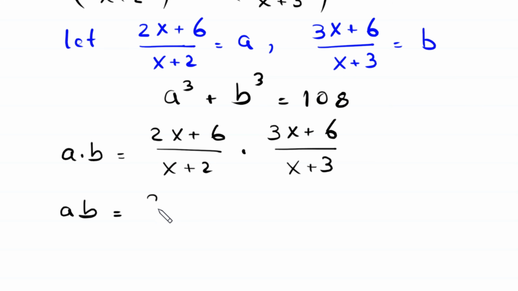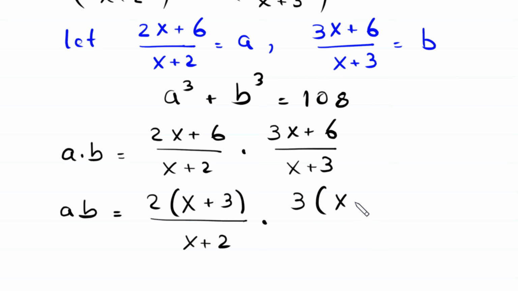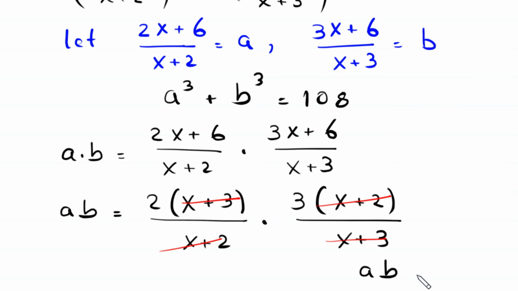We can factor out 2, this will become 2 times (x+3)/(x+2), and we can factor out 3 from the numerator, this will become 3 times (x+2)/(x+3). So x+3 and x+3 cancel out, x+2 and x+2 cancel out, and we get the value of a times b is equal to 6. And we copy this equation: a cubed plus b cubed equal to 108.